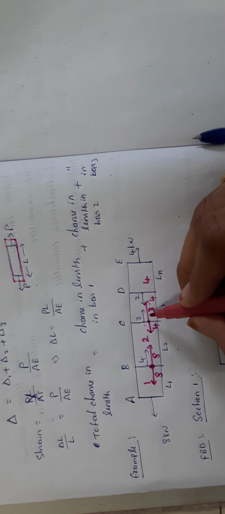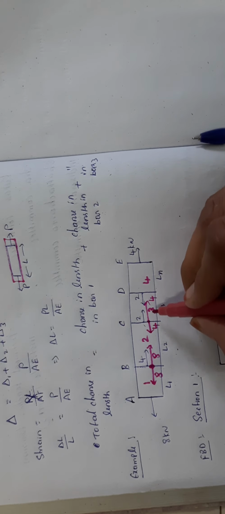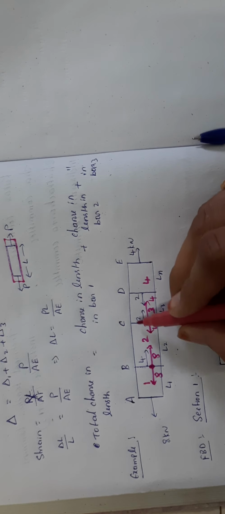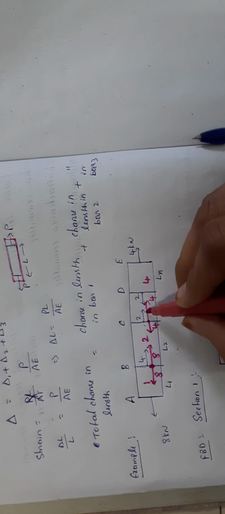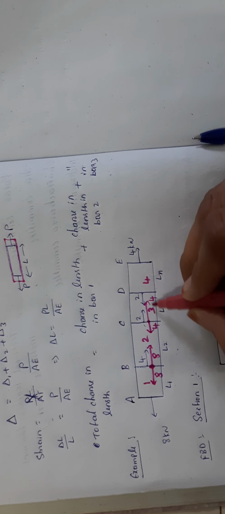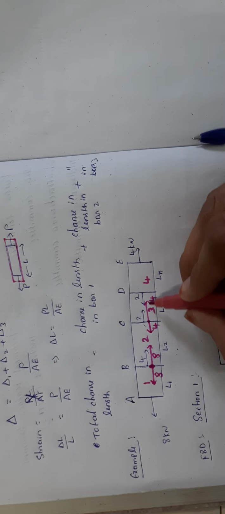You are just adding a 4 kilonewton load and subtracting it, both away from each other at one point. Now this 4 kilonewton force, pointing towards the right side, is already mentioned here.